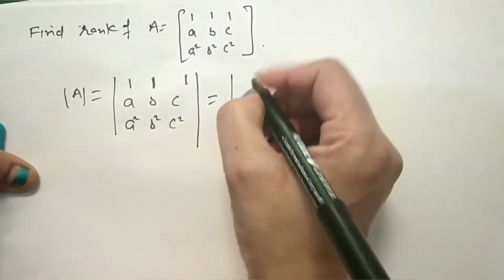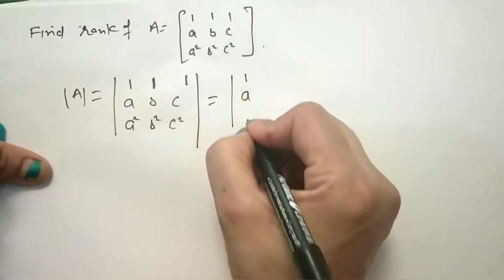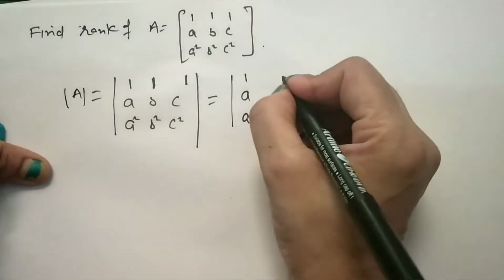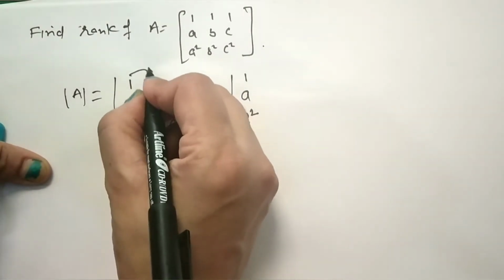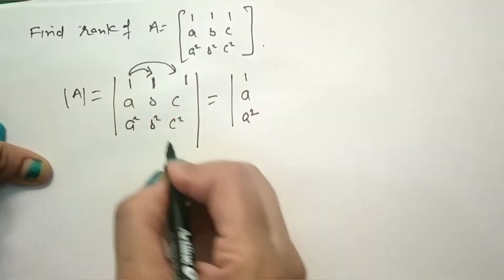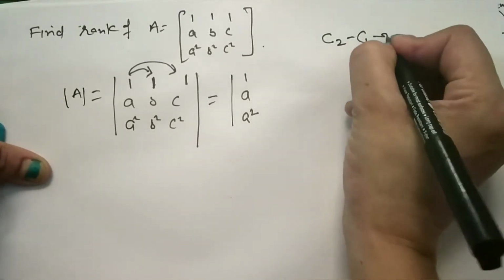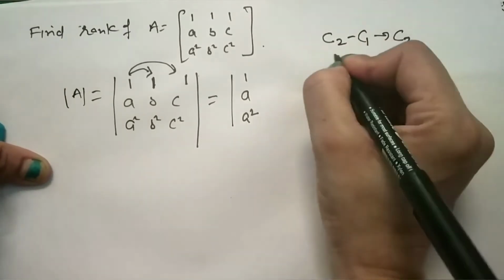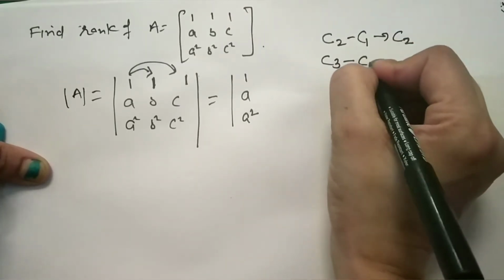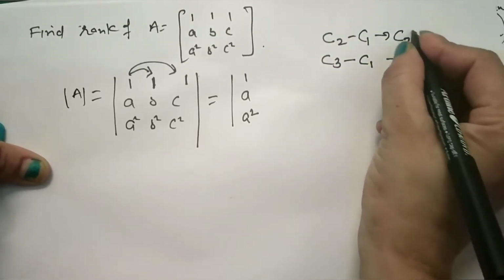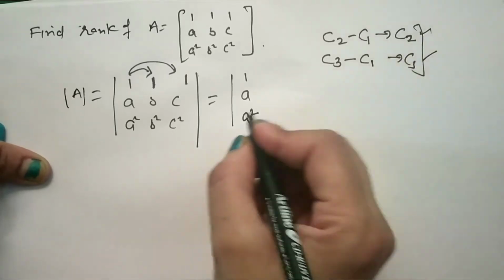So here we keep the first column as it is and subtract the first column from the second and from the third. We will write it as column 2 minus column 1 replacing column 2, and column 3 minus column 1 replacing column 3. So we are going to change column 2 and column 3.